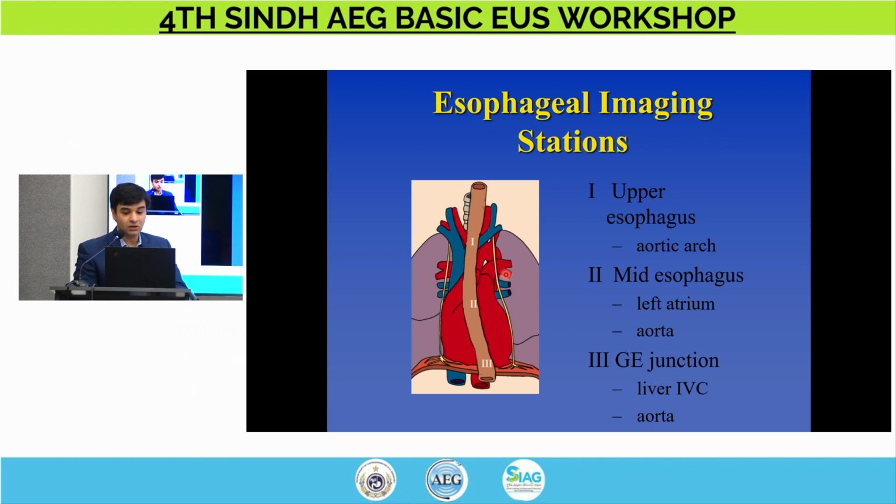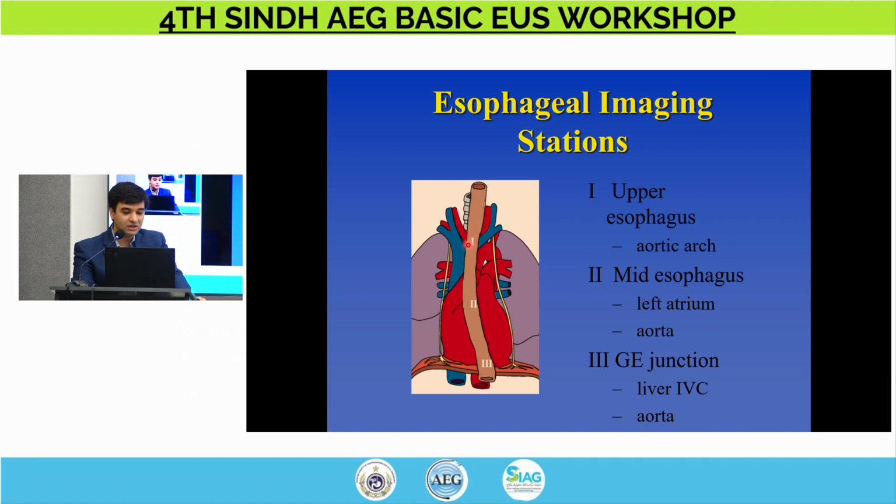Okay, so we'll just briefly go over the anatomy of what you would expect to see as you're passing the scope down the mouth into the esophagus. So stations are a basic understanding that is an older thought process, I want to say, but does a fairly good job at giving you an understanding of what to and not to expect as you're imaging an area.